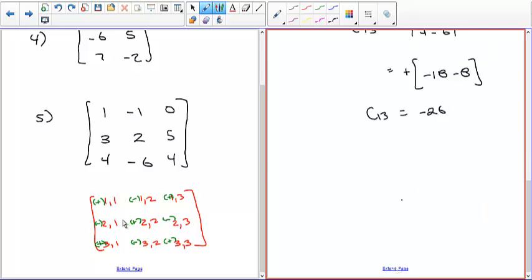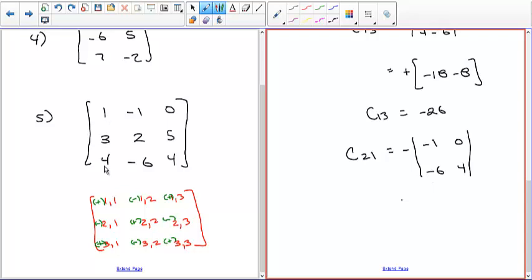Okay, let me go back to here. C21, it's negative. And we're doing this second row, first column. What that leaves is -1, 0, -6, 4.